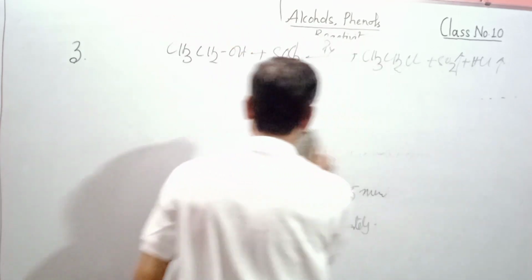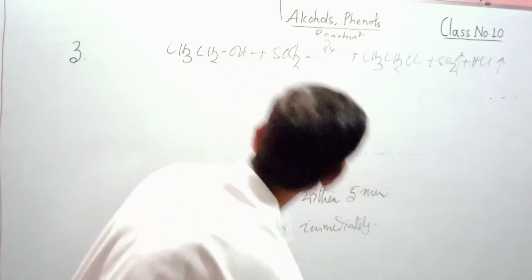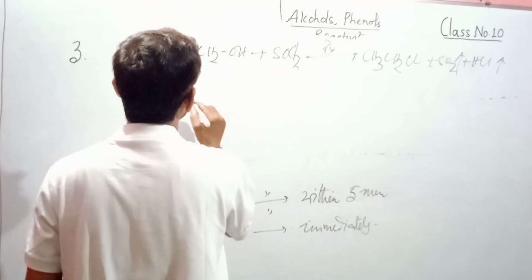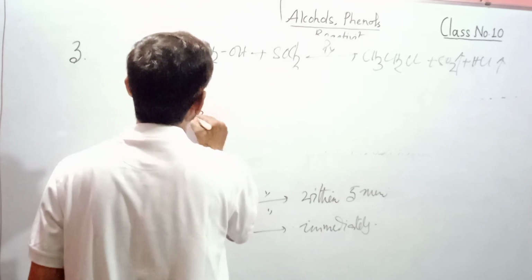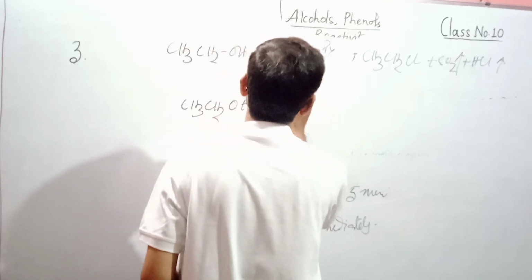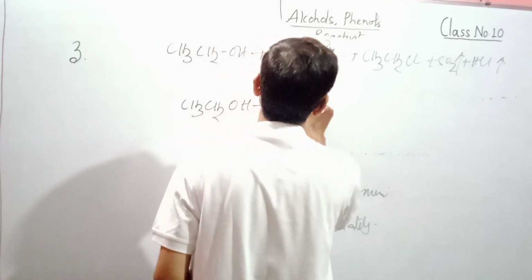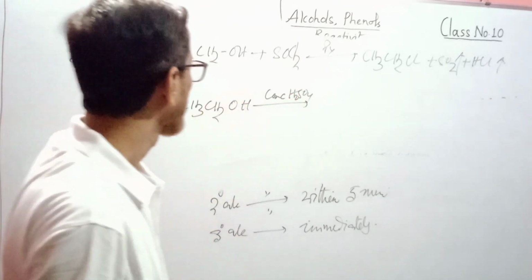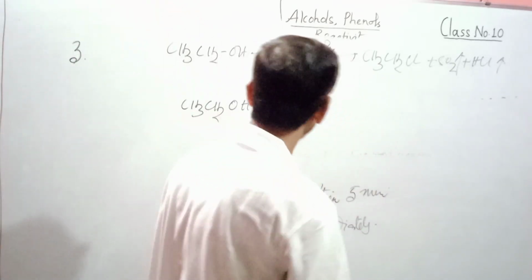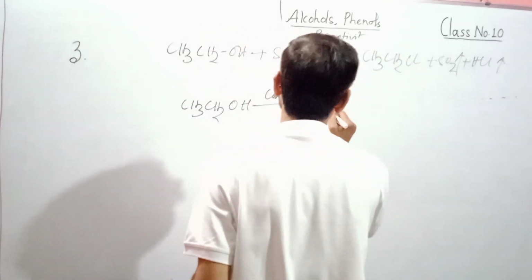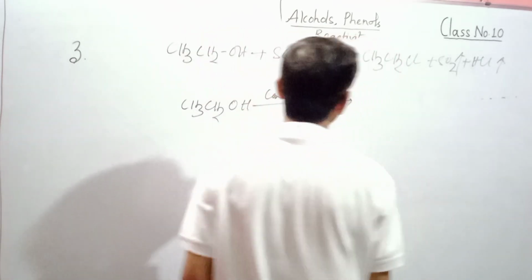Another important type of reaction of this type, where bond breaking always occurs, is of CH3CH2OH with concentrated H2SO4. All of you know it is a dehydrating agent. It will dehydrate, but this is a temperature dependent reaction, and at different temperatures it gives different products.